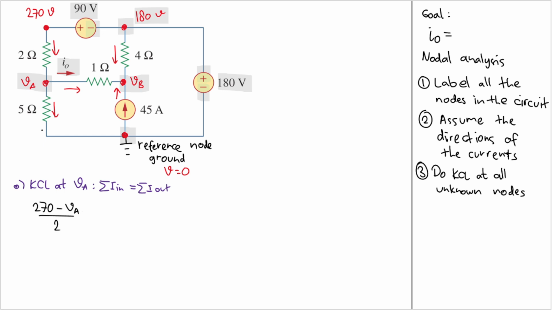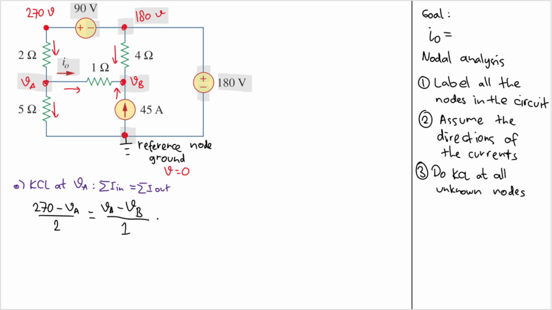Good. All the other currents are going out, so we will have this equal sign, and we have this current here. The current comes from VA and goes to VB, so I have VA minus VB, divided by the resistance between them, which is 1.